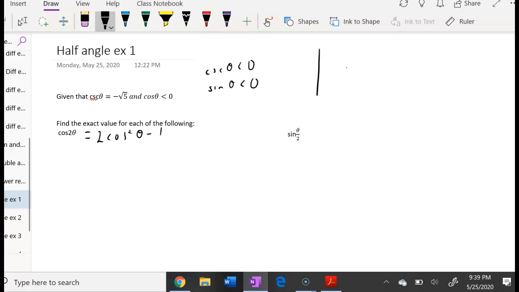So that tells us we're talking about an angle that's either down here or down here with the sine less than 0. We also know that the cosine is less than 0, so that's the x value, so we know it's got to be over here or over here. And that leaves us only one possible quadrant where both of these situations could be met, and that's the third quadrant. So I'm going to draw a third quadrant reference triangle.